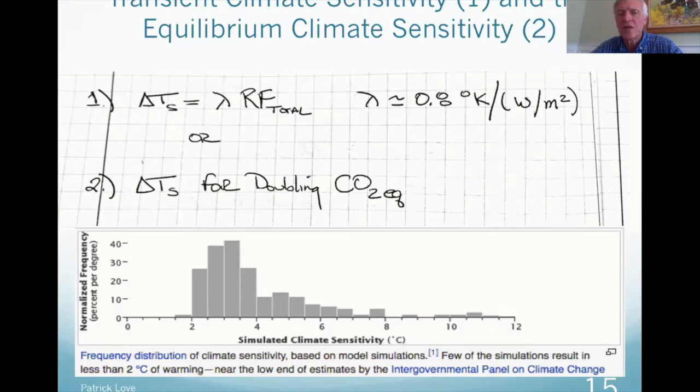It says if you change the radiative forcing, the total number, remember that was the number at the bottom of the screen, about 2.2 with a large error bar, then there is a constant called lambda, which is about 0.8, and that constant is measured in 2 or 3 ways, but they all have uncertainty associated with them. You would get a change in surface temperature of 0.8 times 2.2, which is about 1.6 degrees Kelvin, and since it's an increase, the same 1.6 degrees centigrade.